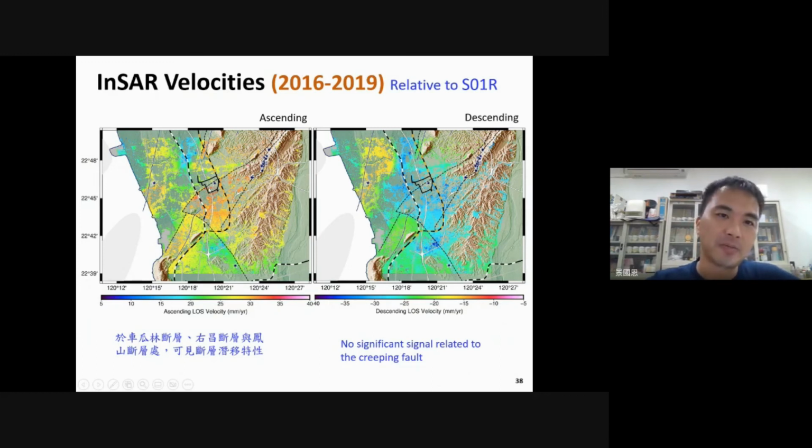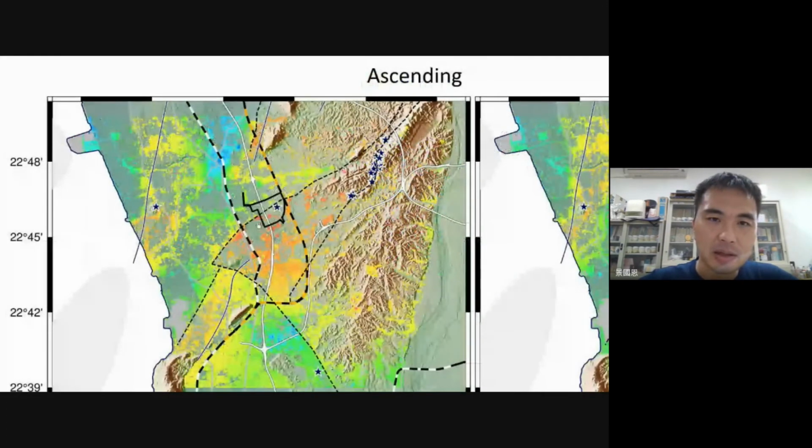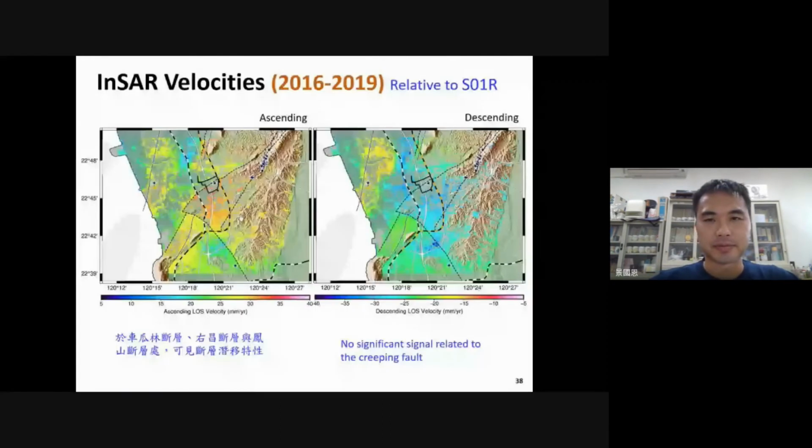However, even so, we still could get some important information inside the science park. Maybe I could enlarge. Could you see a very significant velocity color difference across this line, here and here? This is the result from ascending, and this is the result from descending.